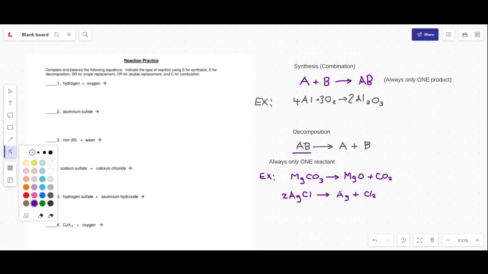So this would be like 2, 2. So these are examples of decomposition, and you have synthesis.